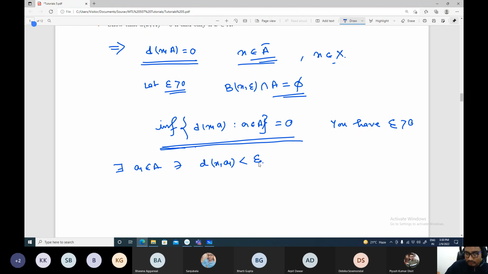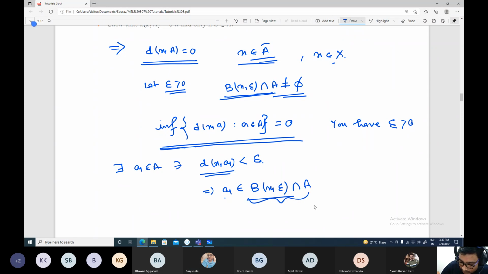So this implies A1 belongs to B of x comma epsilon. But this A1 is also in A, so it is in the intersection, and therefore this set is non-empty. So we are done, meaning x belongs to A closure.